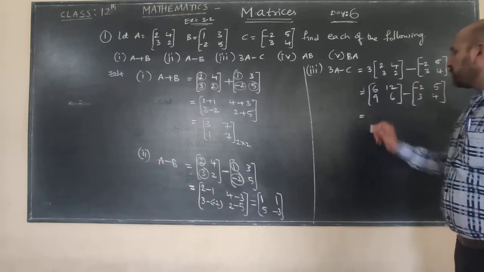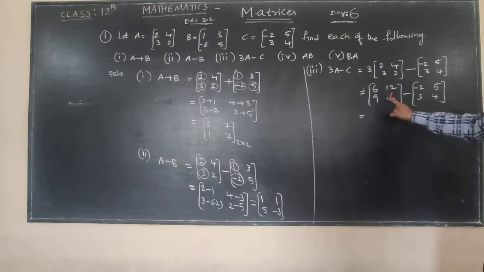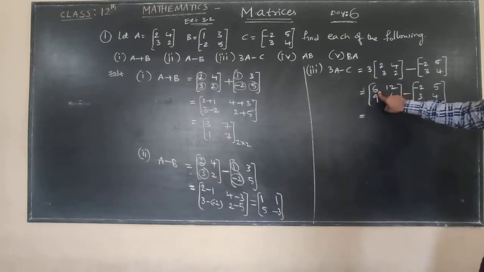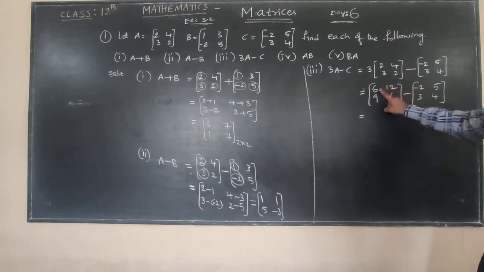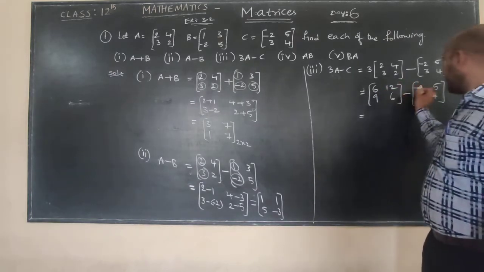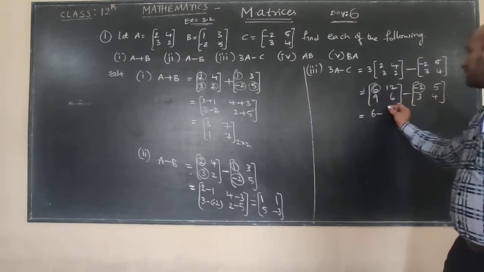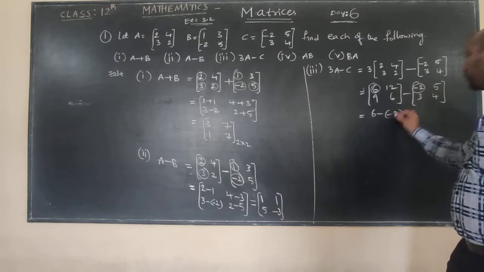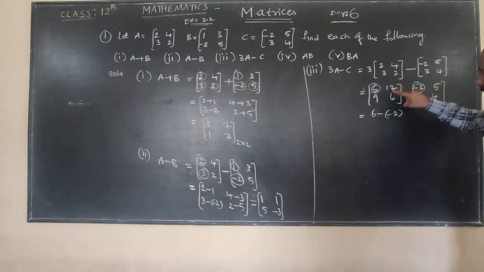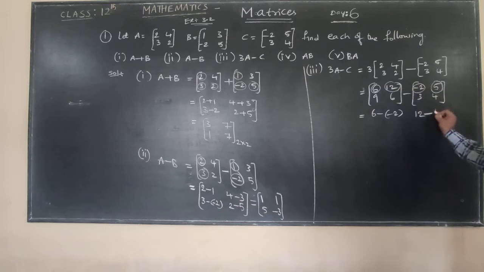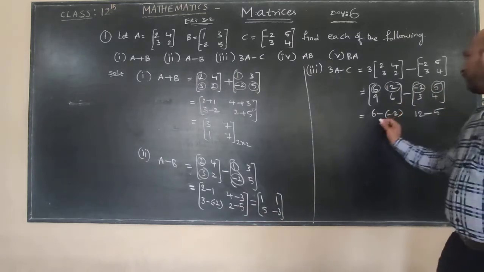Again it is the difference between two matrices. So corresponding positions must be subtracted. First element: 6 minus of minus 2. Completed one element. First row, second element: 12 minus 5.